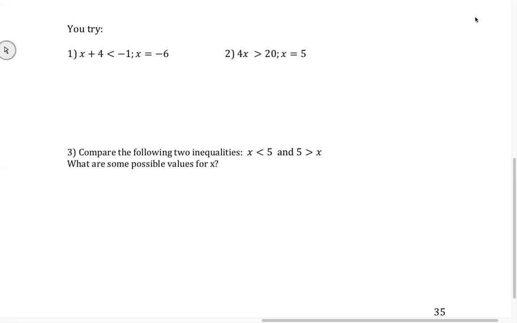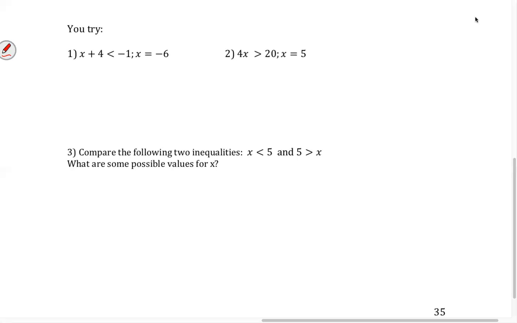Mr. Carter, are you sure? So you're going to have negative 2 is less than negative 1. And that would be true. So you would write negative 6 is the solution. All right, Destiny, what did you get for number 1?